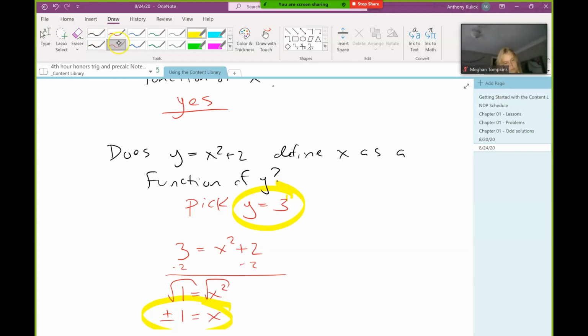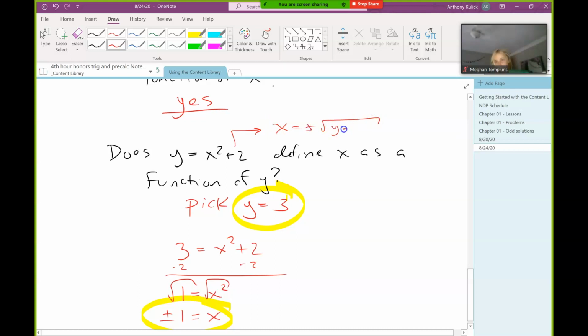So it definitely depends on what we're treating as the independent versus dependent variables, right? In general, this sort of situation is easy to tell right from the jump, because if I solve this equation for x, I'm going to get a plus or minus when I do that. So I get x equals plus or minus the square root of y.